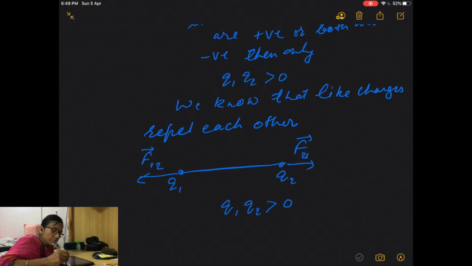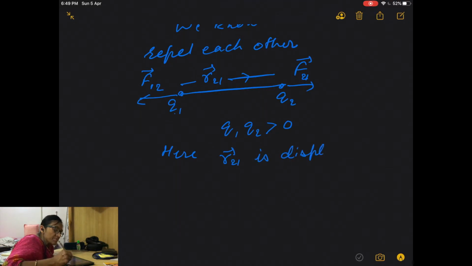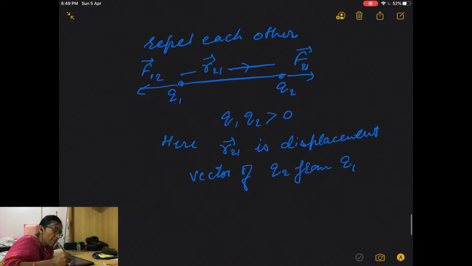Now let the displacement vector of Q2 from Q1 be R21.